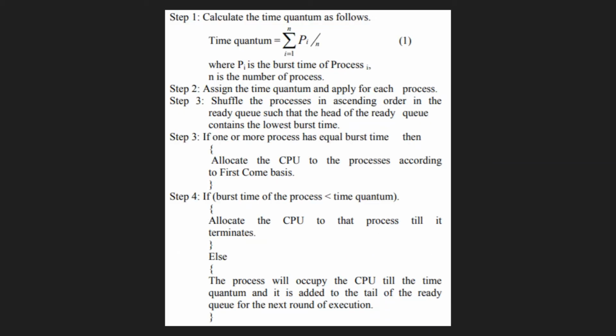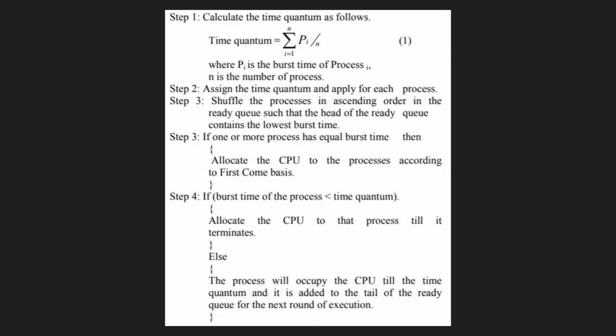All right, so we'll get right into the algorithm here of the first paper. Pretty much they add up all of the burst times of the processes, and then they divide it by the number of processes. This is done just to obtain the average time quantum for that specific iteration of the algorithm.